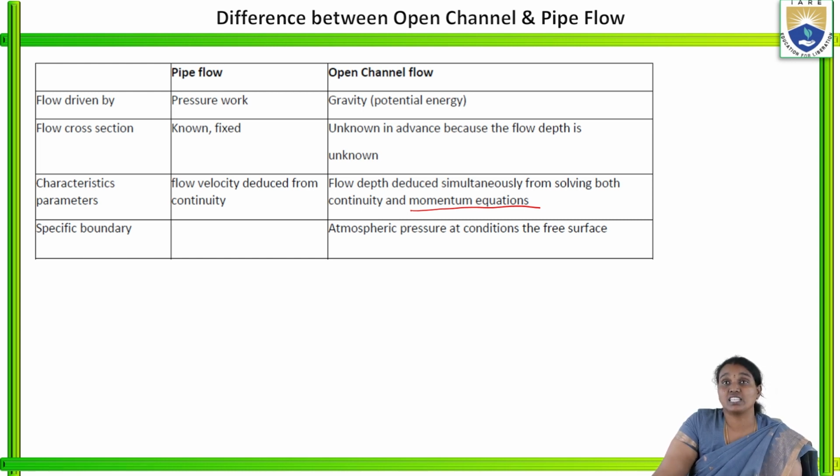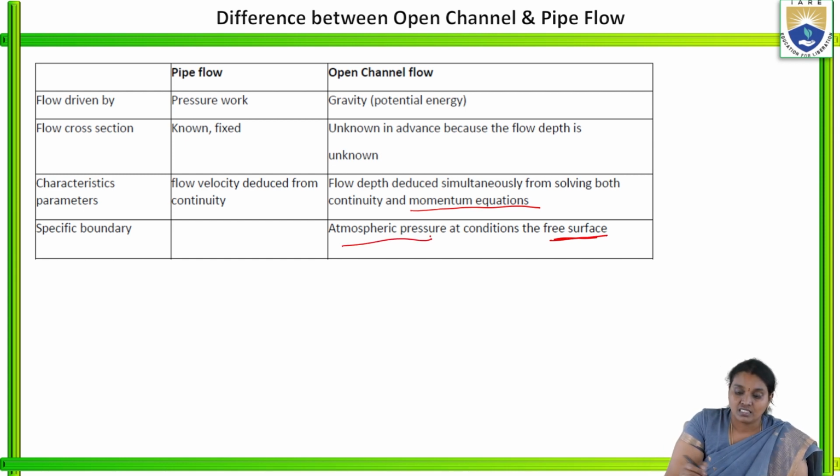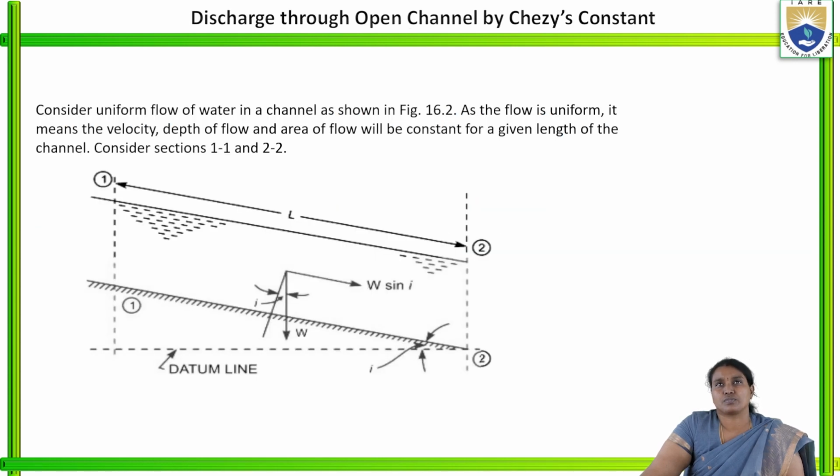In open channels, atmospheric pressure conditions the free surface. This is the specific boundary: the free surface is relevant to atmospheric pressure. These are the major differences between open channel and pipe flows from the point of view of different parameters.